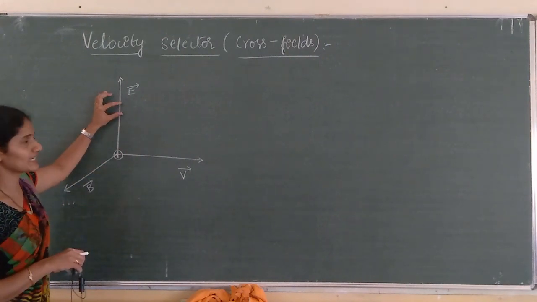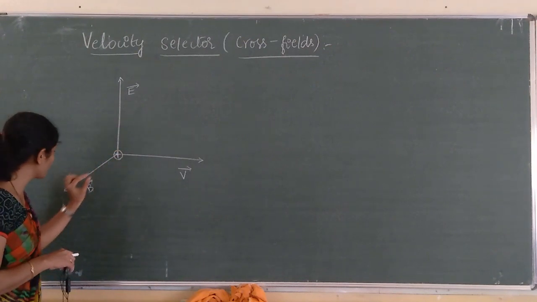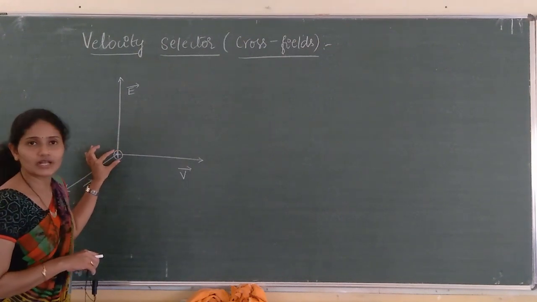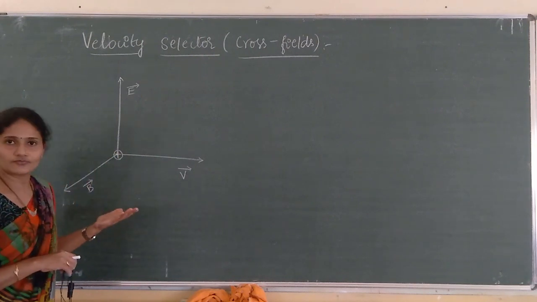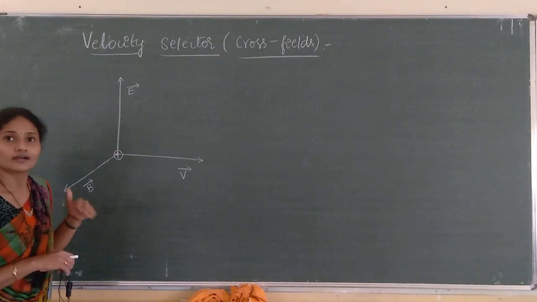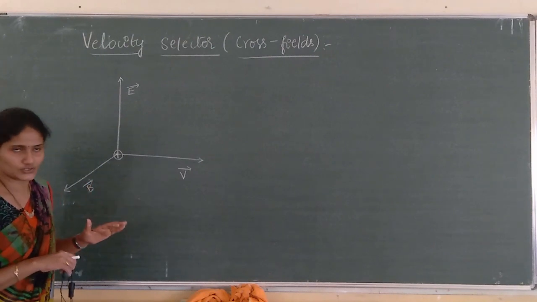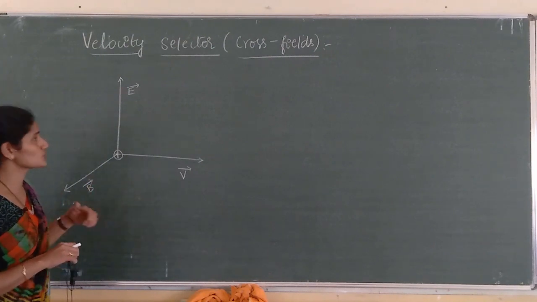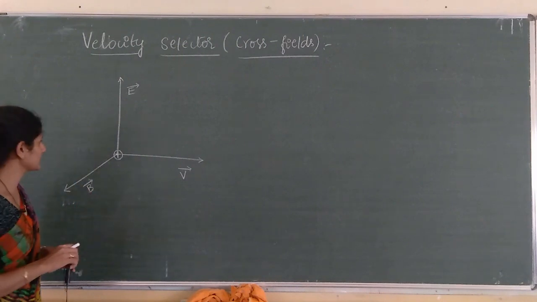The force due to the electric field will act on this charged particle, and at the same time the force due to the magnetic field will also act on it. Both forces are vectors, having magnitude as well as direction. So let us see the direction of force due to the electric field and due to the magnetic field.